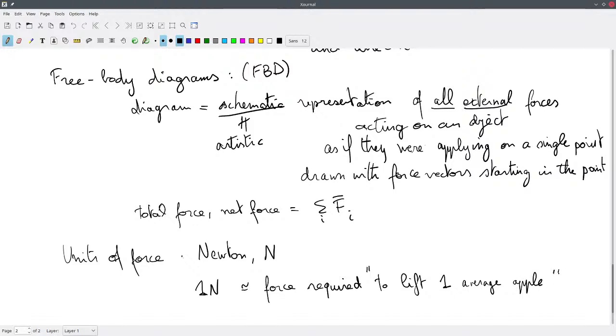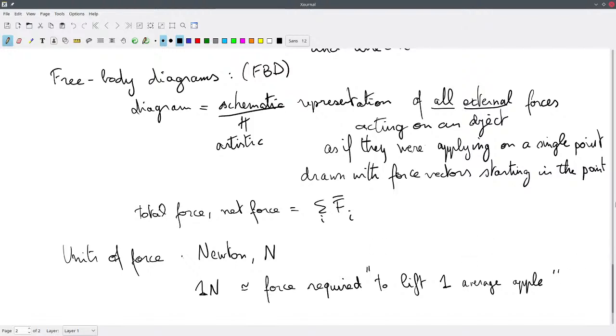Of course, Newton is famous for his apples, so I like to make that similar to the weight of an apple. If you take a moderately sized apple, the force it requires to lift that apple is 1 Newton. So that gives you an idea.